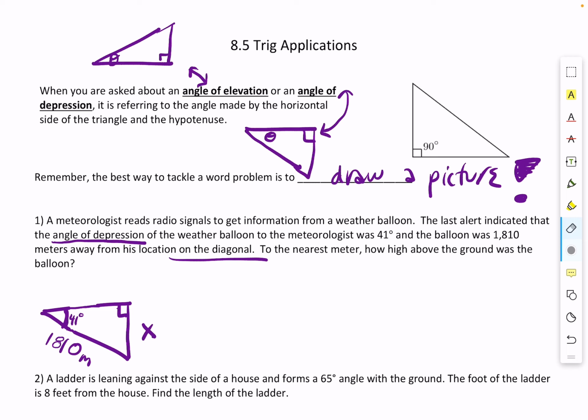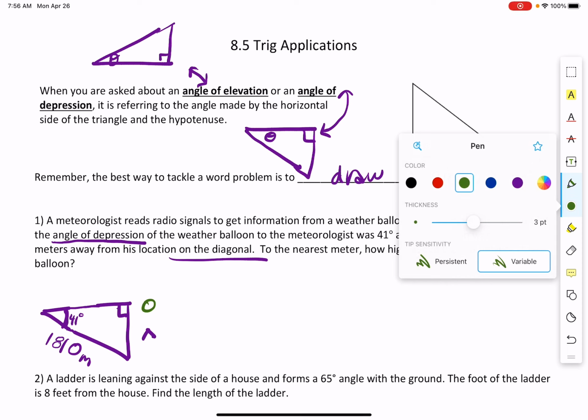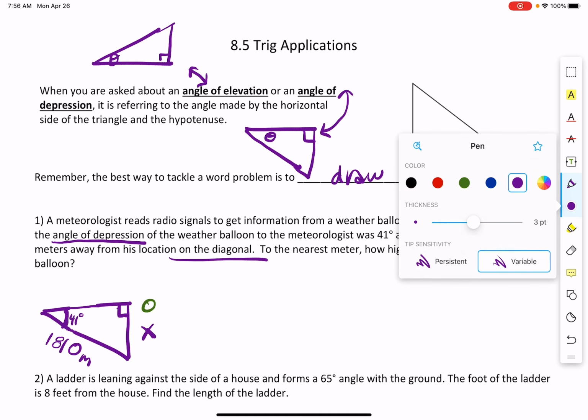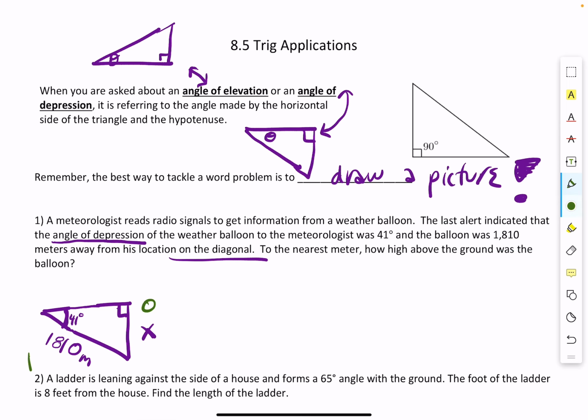Opposite. All right, and then what about the 1810? Is that opposite, adjacent, or hypotenuse? Hypotenuse. Okay, so Tyler, which of our trig functions uses opposite and hypotenuse?